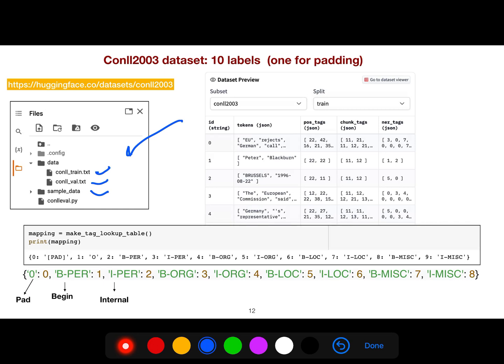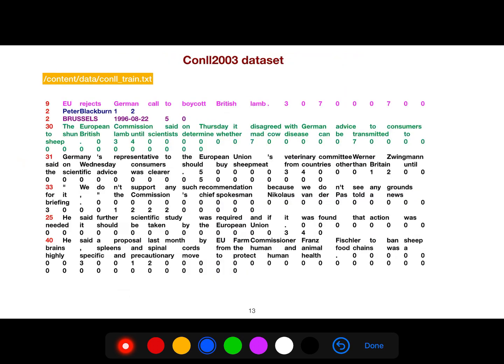Then we have some tokens, and here we can see the named entity recognition tags. For example, 3 is I-person. 4 is B-organization, and location, and miscellaneous. It means nationality or any other thing.